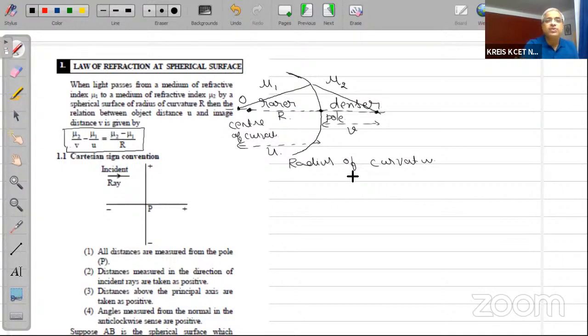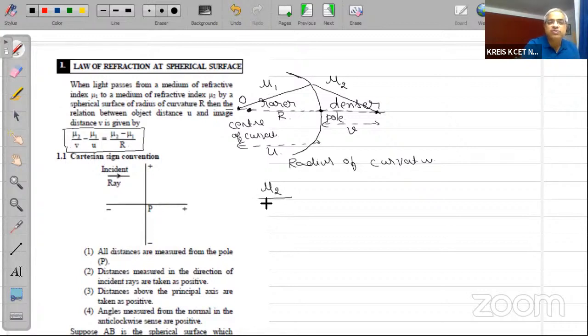Then I can show you that mu2 by v minus mu1 by u, where mu1 is the refractive index of the medium where the object is kept, is equal to mu2 minus mu1 divided by r. This formula, students, is a very, very important relation.